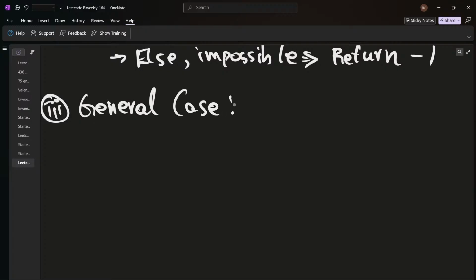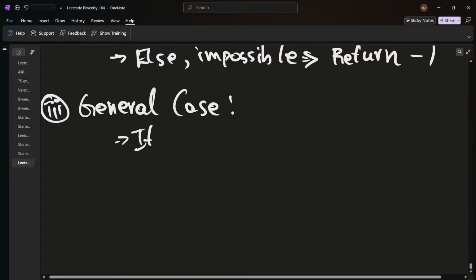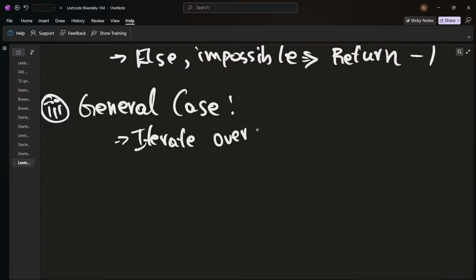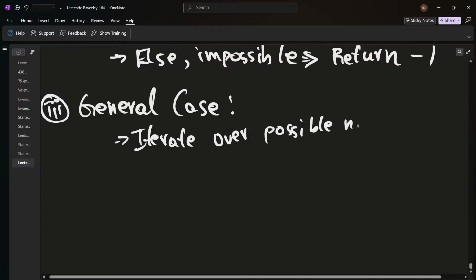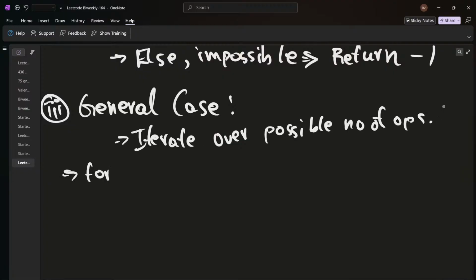For the general case, I'll iterate over the possible number of operations, that is m.